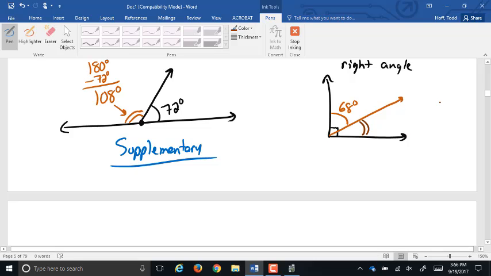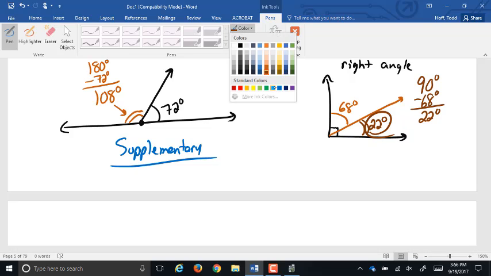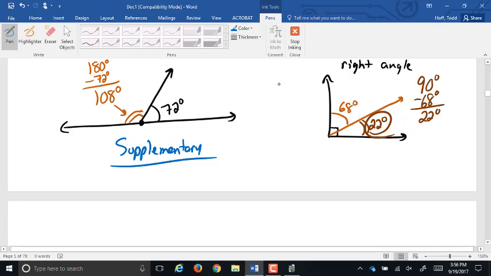It wouldn't be 180 degrees anymore. It would be 90 degrees minus 68 degrees, which is 22. So that's going to be 22 degrees. When we have two angles, especially adjacent angles, that add up to 90 degrees, they're called complementary.